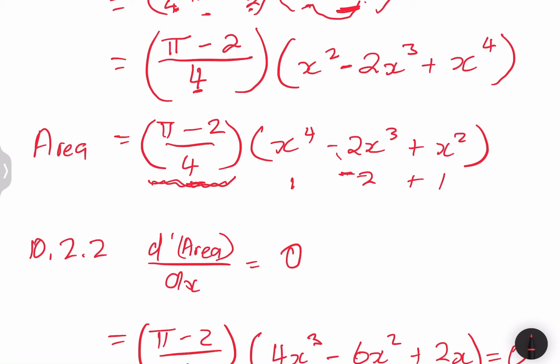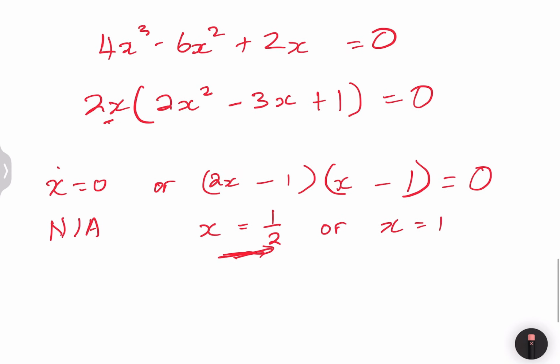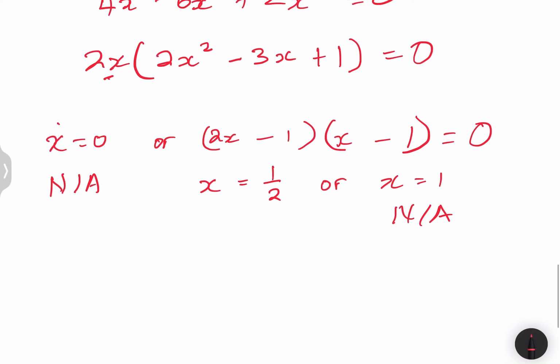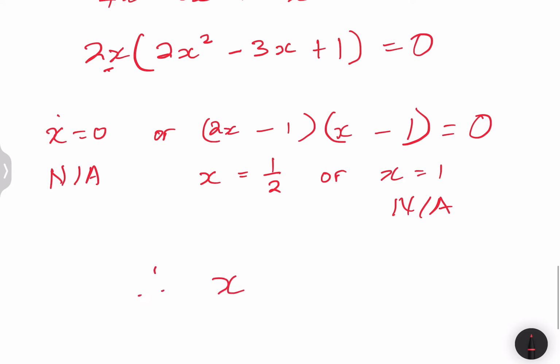I'm sure you can see that will give us 0. So even when we substitute 1, it will not be applicable. I'm testing my solutions so that we know which one to go with at the end of the day. So this also is not applicable. The correct answer therefore is x equal to 1 over 2.